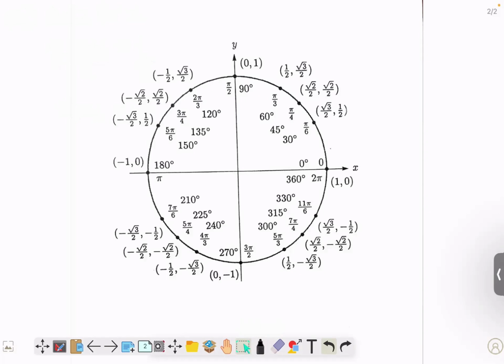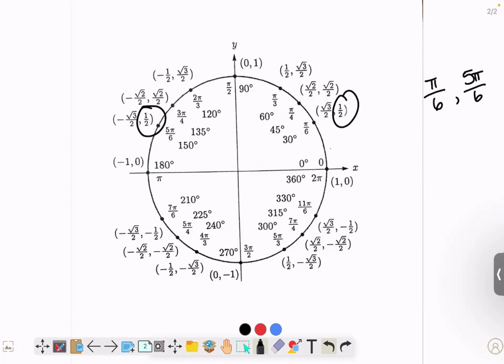Remember, sine is our y-coordinate, so we're looking for the y-coordinate to be a positive 1/2. We've got one there, and we should have one in the second quadrant there. Okay, so that's at pi over 6 and 5 pi over 6.